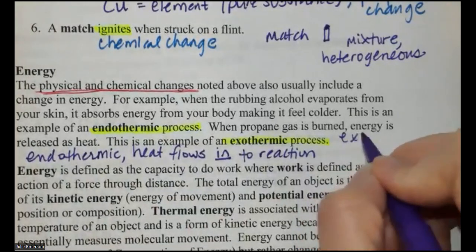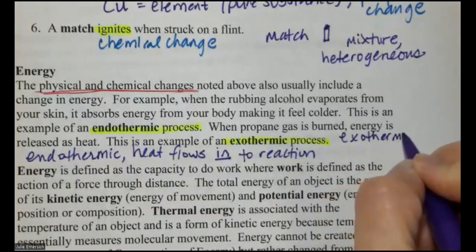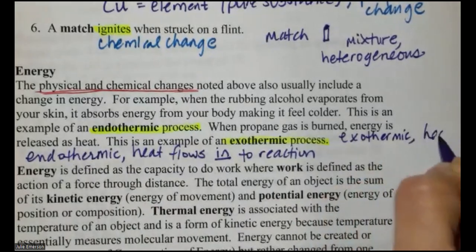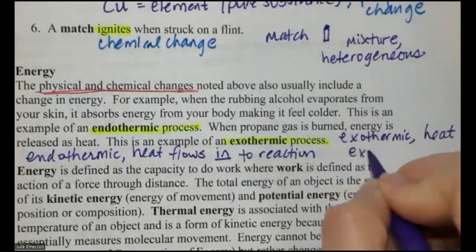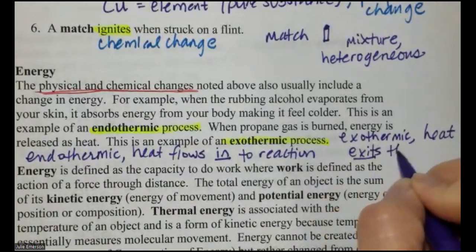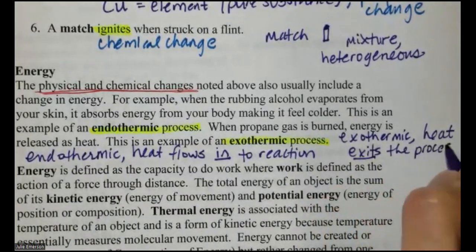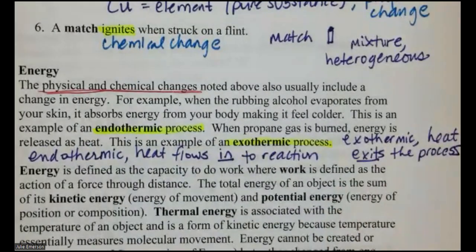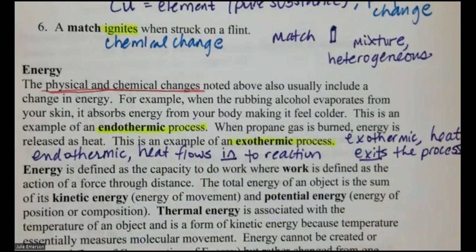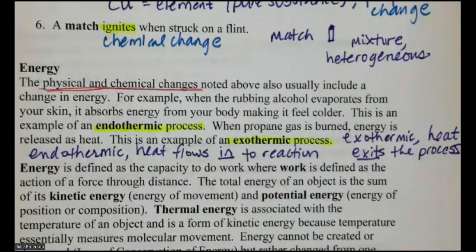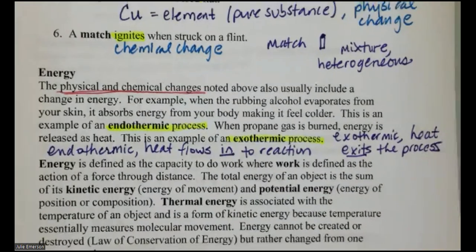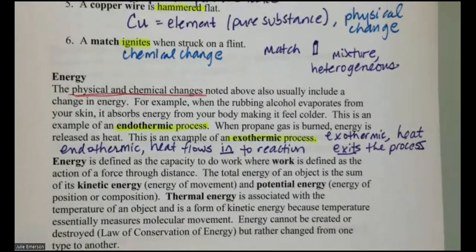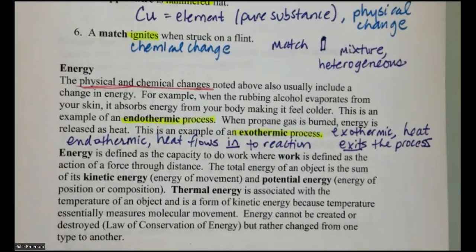If it is exothermic, heat exits the process, whether it's a chemical change or physical change. So that's how I kind of remembered them apart, right? So let me zoom out just a little bit. If it is exothermic, as that process is occurring, heat or energy exits.